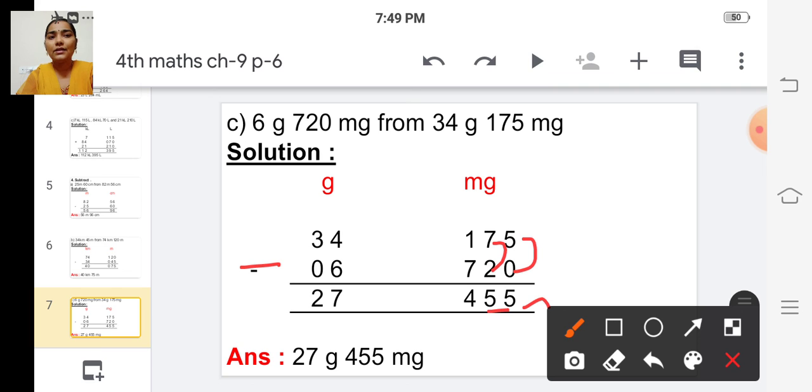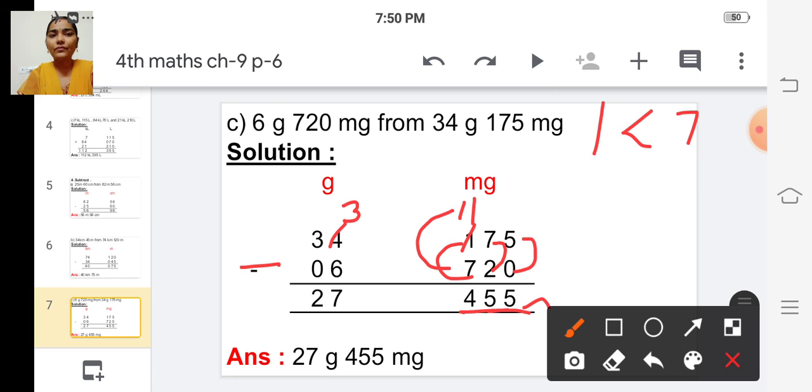In the next place, 1 minus 7 is not possible because 1 is less than 7, so we have to borrow 110. This will become 3 and this will become 11. Now 11 minus 7 is 4, so write 4 in the answer.